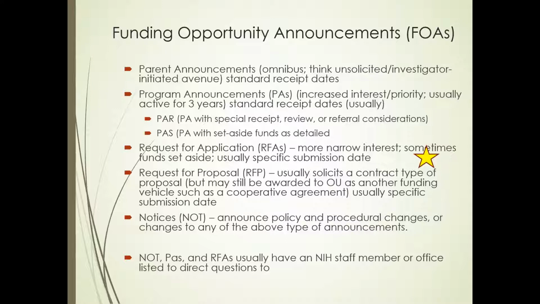So parent announcements are usually a huge set of proposals. They have standard receipt dates. Many of you, if you've done very many proposals, are probably already familiar with these.